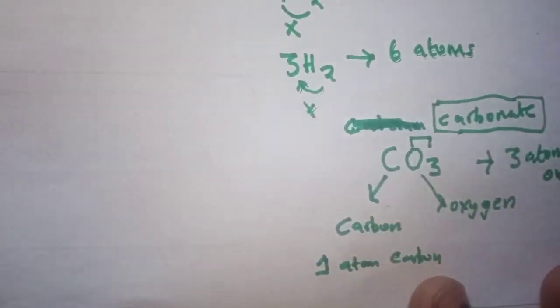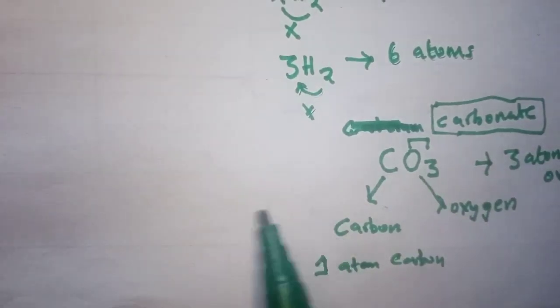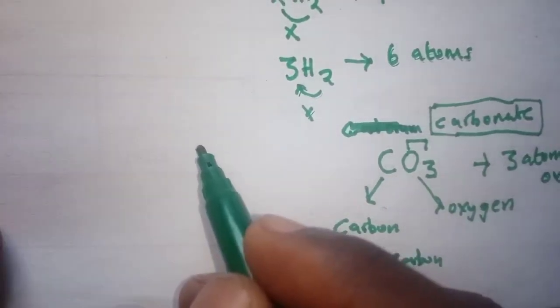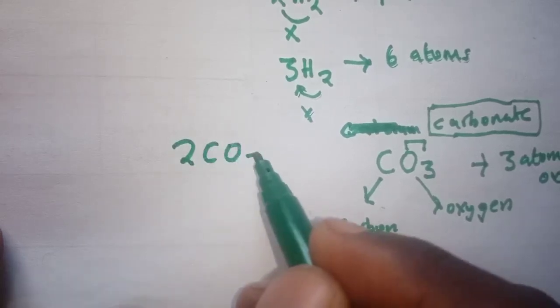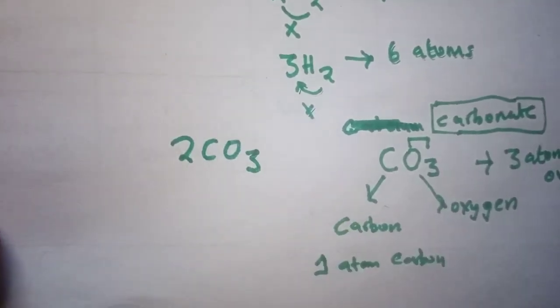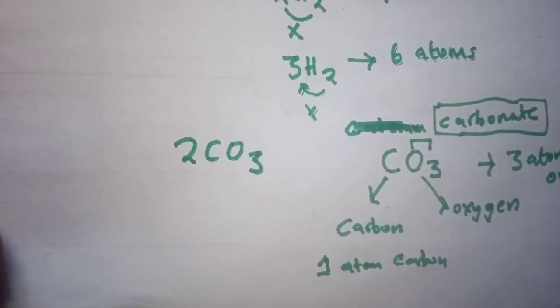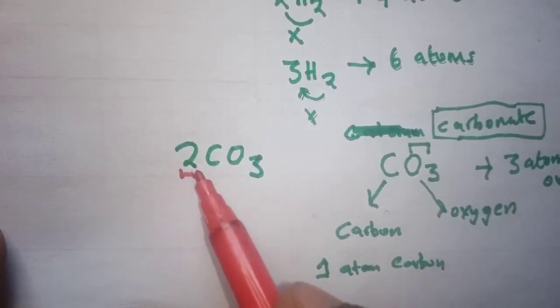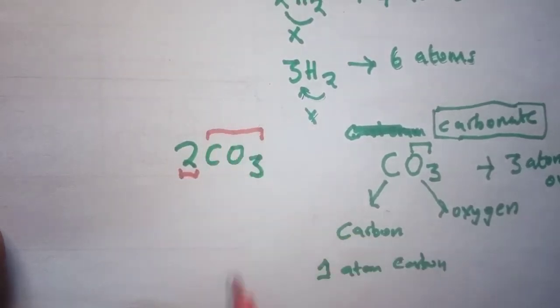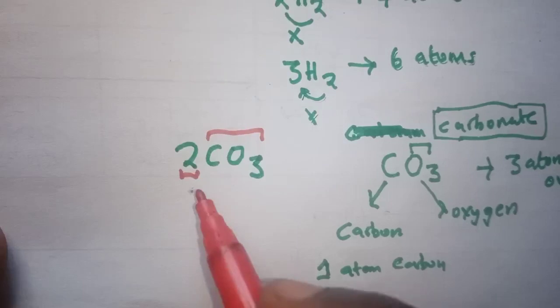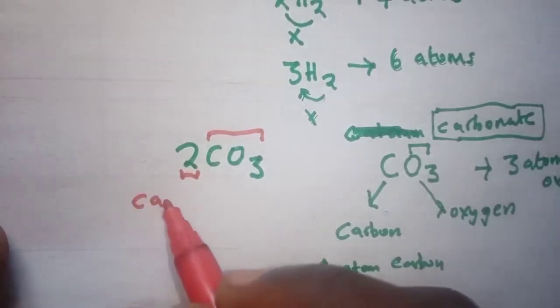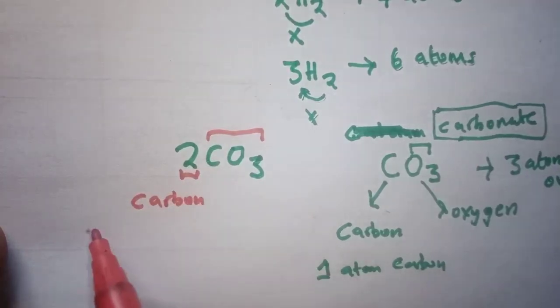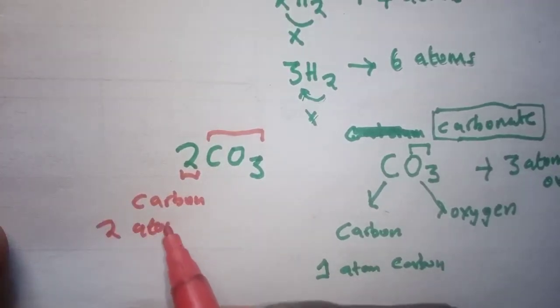In a case where you are given, let's say, 2 as a coefficient, the tricky part is that this coefficient 2 is multiplying everything. So for carbon, there are 2 atoms of carbon.